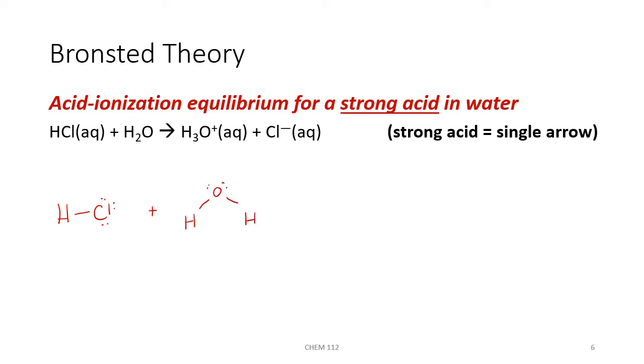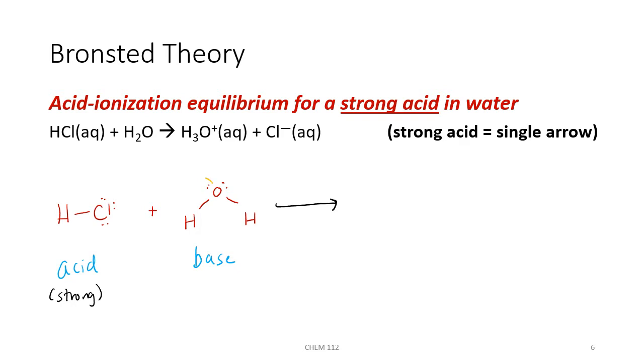So we can draw our Lewis structure for water. The HCl is our acid in this case, so the water has to be our base. And we're going to use a single arrow for this reaction because our acid is strong.